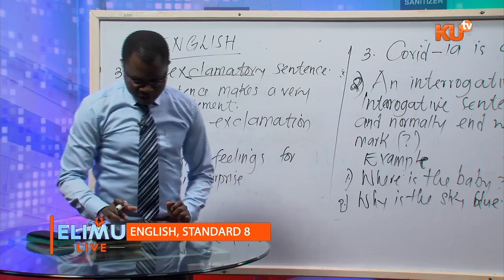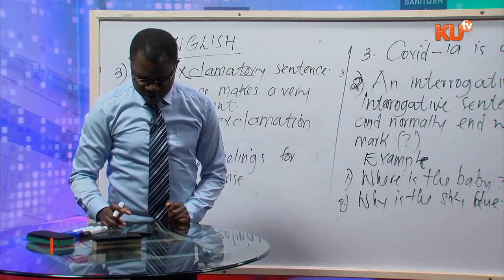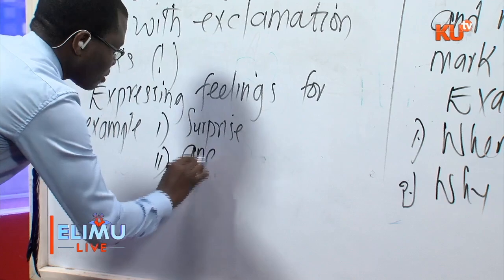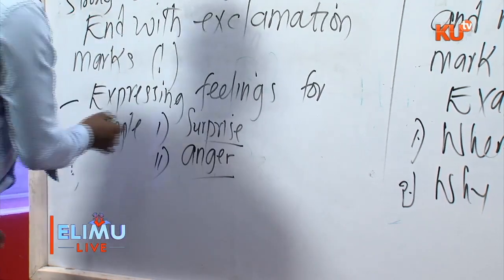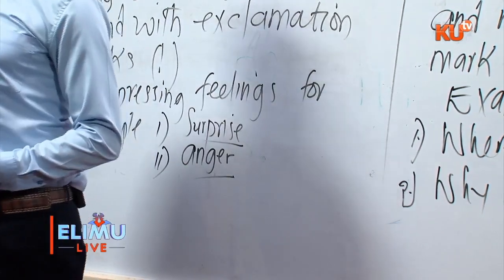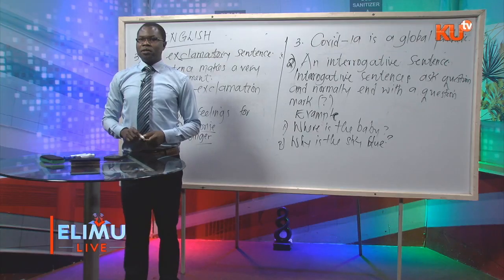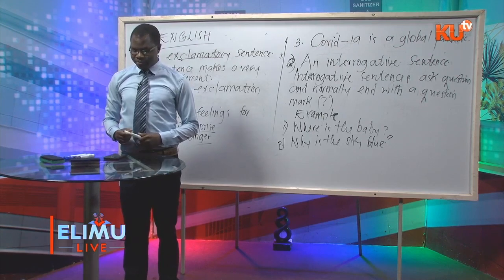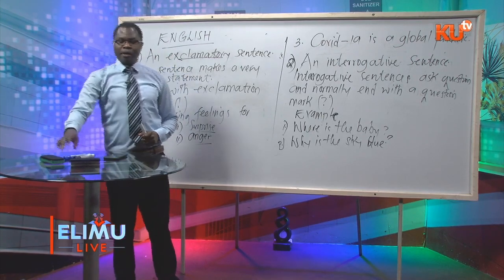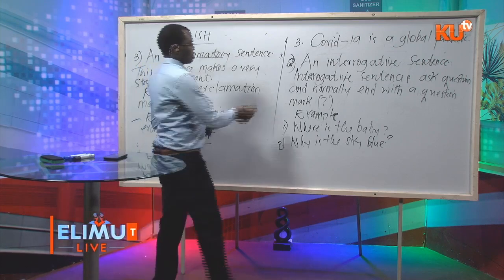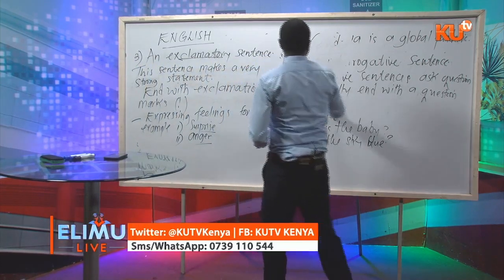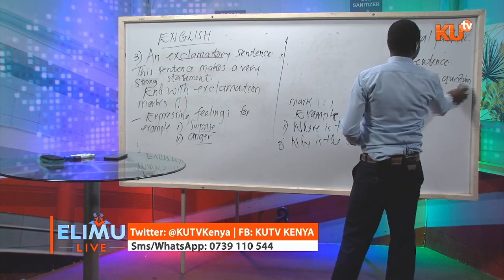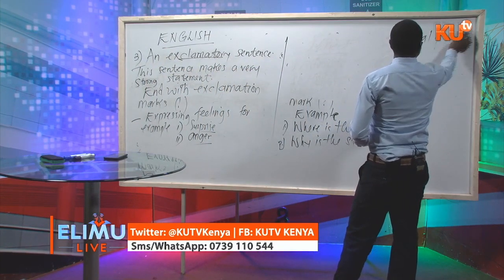Number two, it can also be used to express anger. Whenever somebody is angry or disappointed, this exclamatory sentence is used to express their feelings. I want us to look at examples of exclamatory sentences. Like now we are staying at home because of the COVID-19 pandemic.